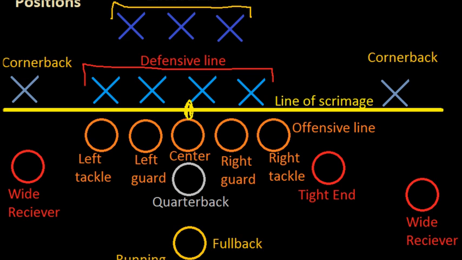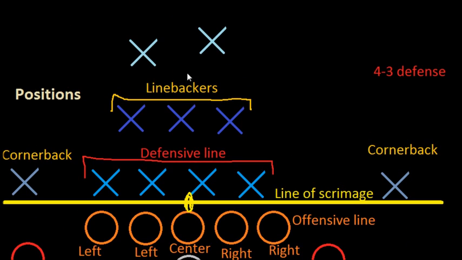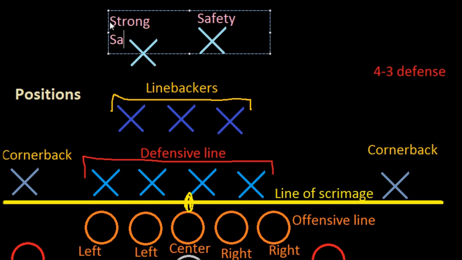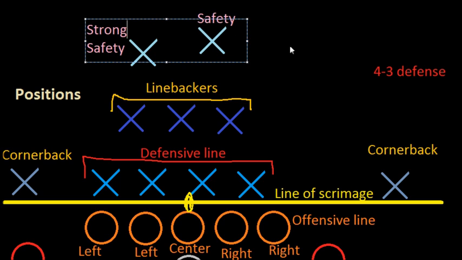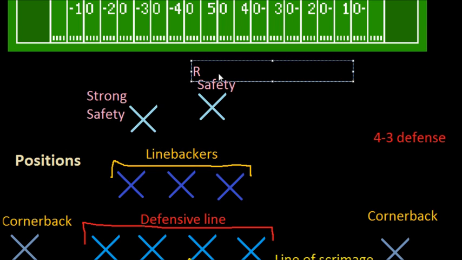Then these 2 guys back here, usually pretty fast guys, are the safeties. Sometimes you'll have what is called a strong safety, and the other guy will be what is known as a free safety.